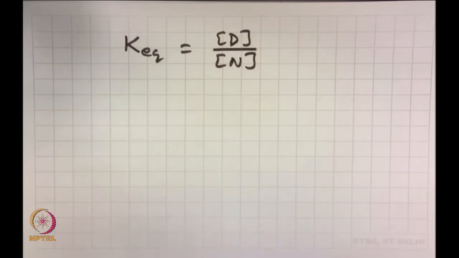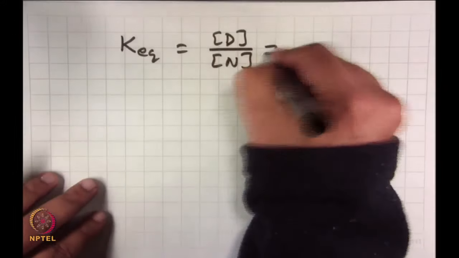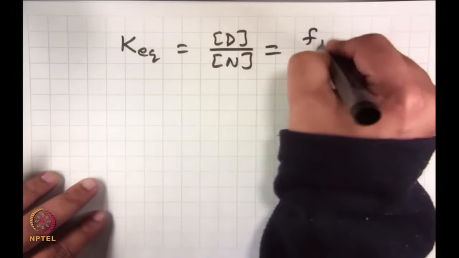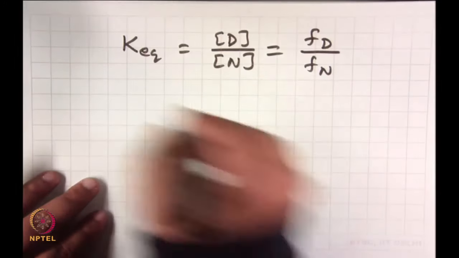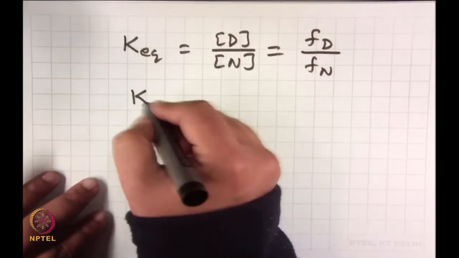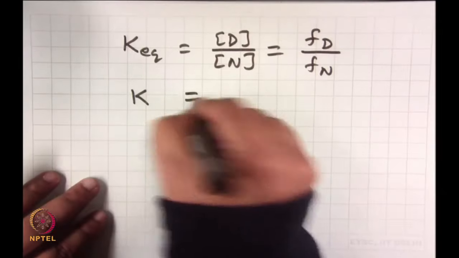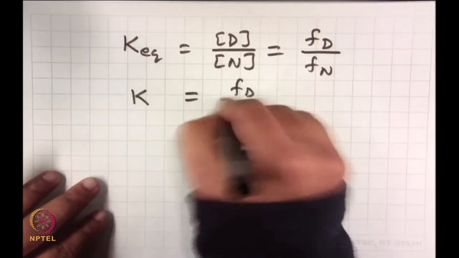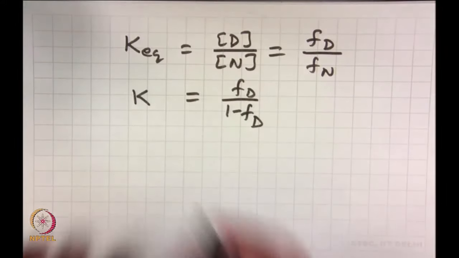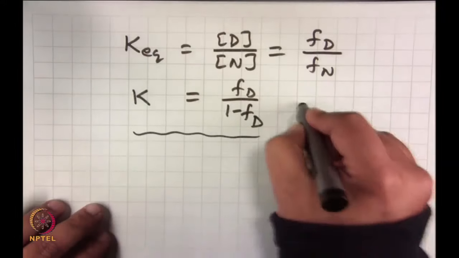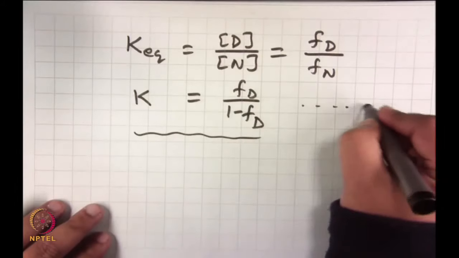So, this can be written as f of d over f of n, or I can write K equilibrium is equal to f of d by 1 minus f of d. Okay. So, this would be equation number 5 for us.